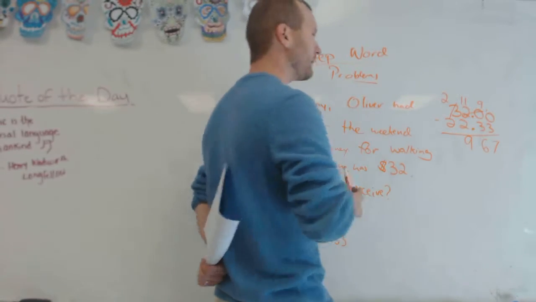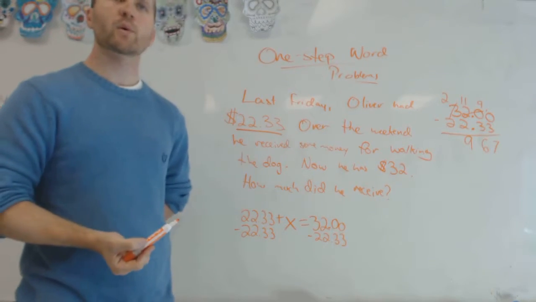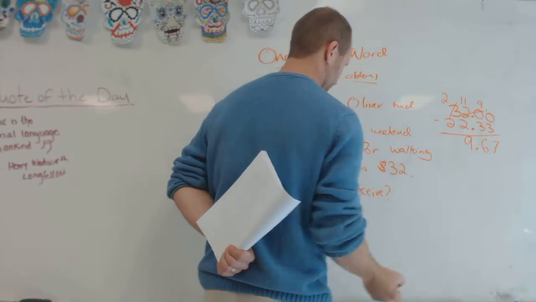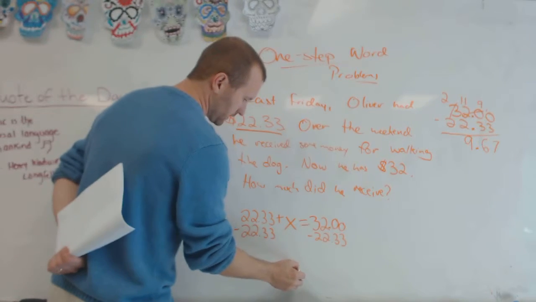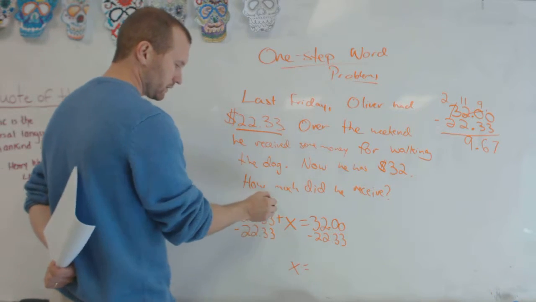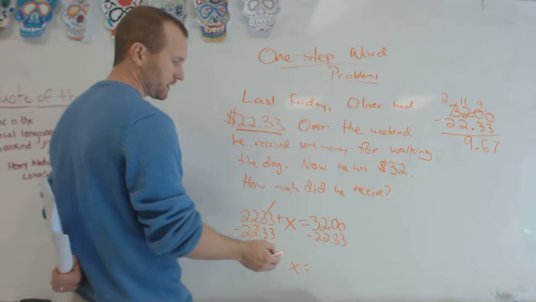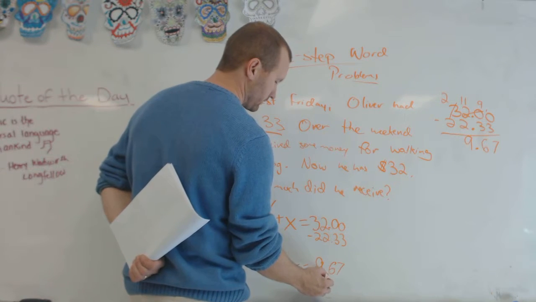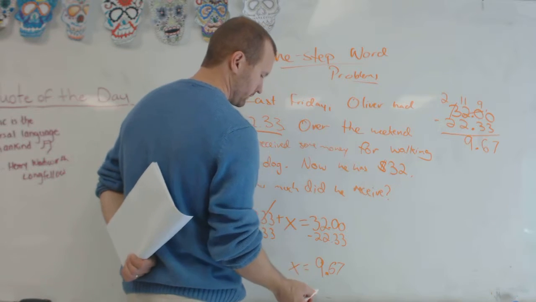So my answer is 967, right? Oh, you forgot the decimal. What did I forget? Bring down my decimal. And so I have x equals, these cross out because they're the same thing, 9.60.